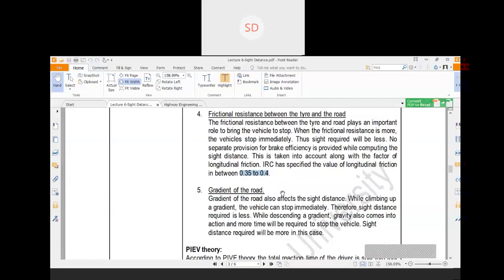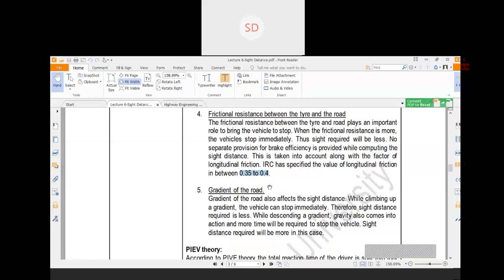Now whenever we are talking about the reaction time, how the reaction time is determined and what are the different components of the reaction time, there are different theories. Scientists have given different theories on the reaction time of the driver.